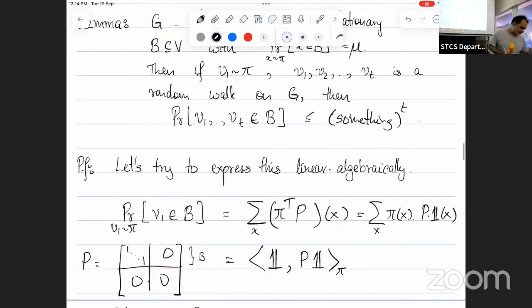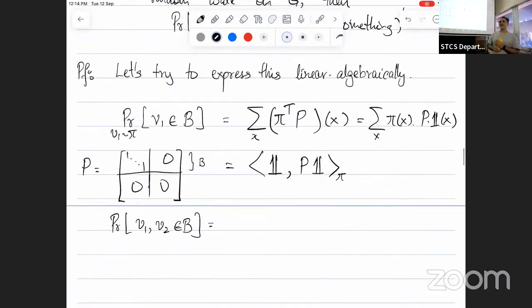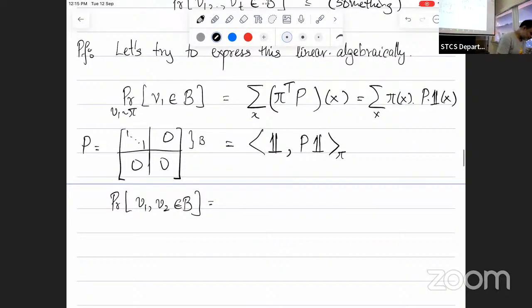Okay, good. So now let's ask the second question. What's the probability that both the first vertex and the second vertex are in the set B? Again, I'm going to just write it down and we just need to convince ourselves of what I'm writing. The second vertex is like this: I pick V1 according to pi, and V2 is a random neighbor of V1.